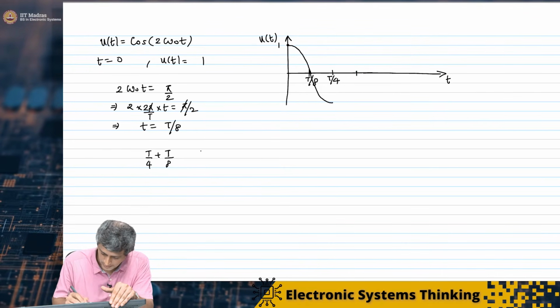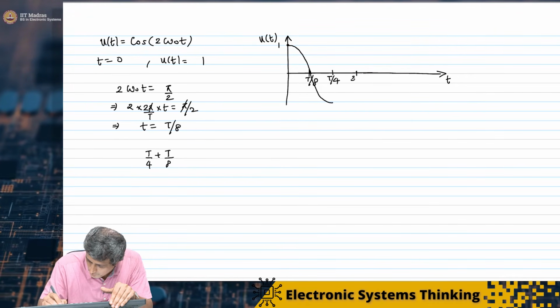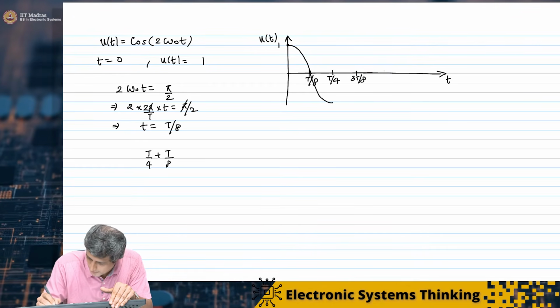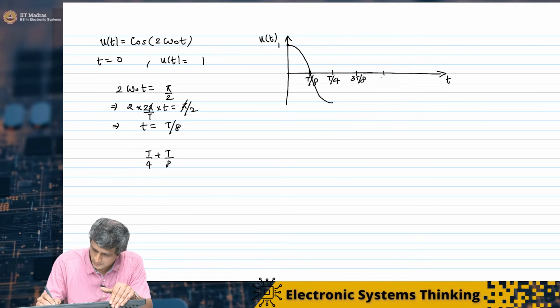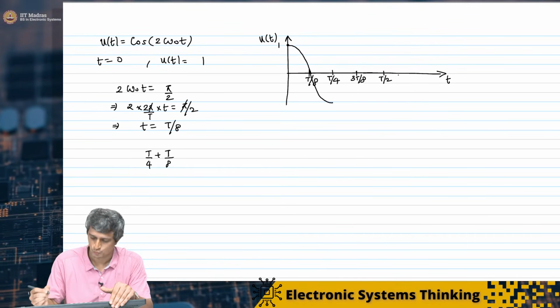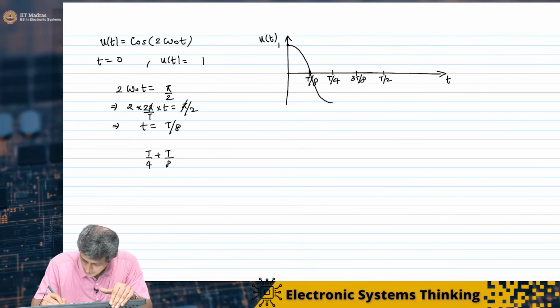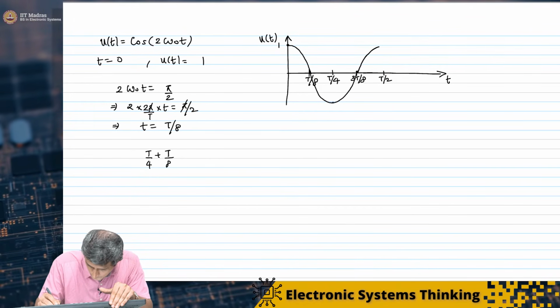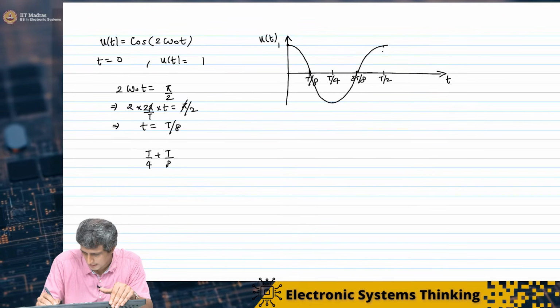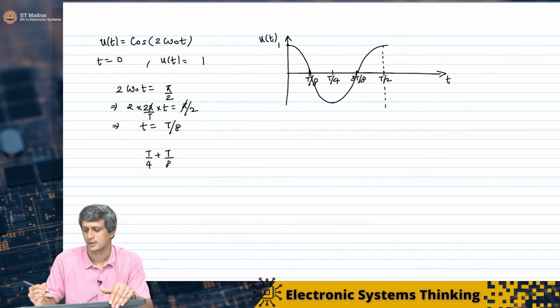How much is that? That is 3T by 8, and then it will come up to T by 2. So this is what will happen, and this is how the cos function will look.